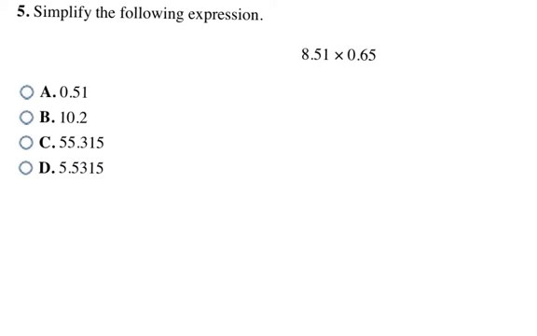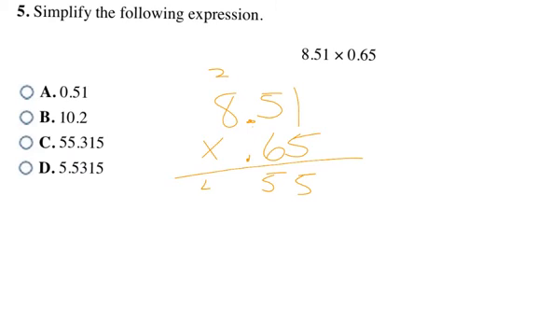So to multiply this number, I'm going to have to go ahead and rewrite this vertically so that I can work out the multiplication. And so once again, I'm not worrying about the fact that there's decimal places yet. I'm going to worry about that in the end. And so I'm going to take 5 times each of these numbers. And when I do that, that's going to be my first line.